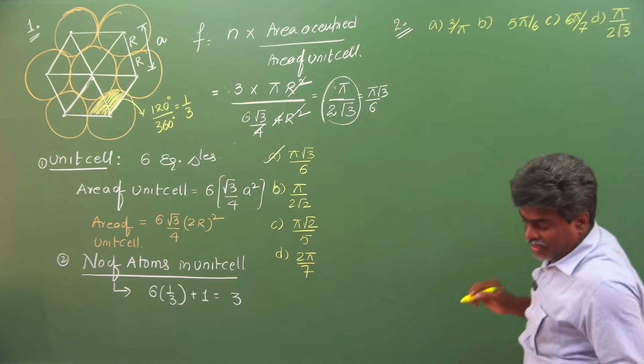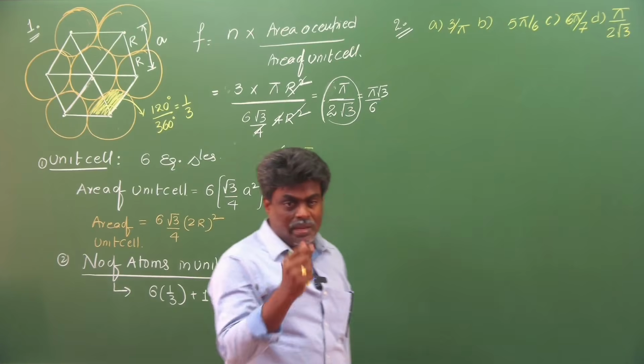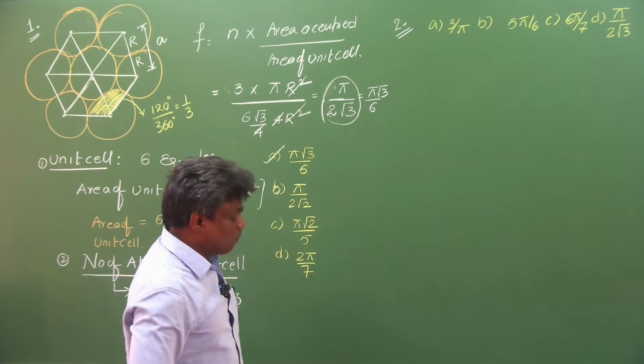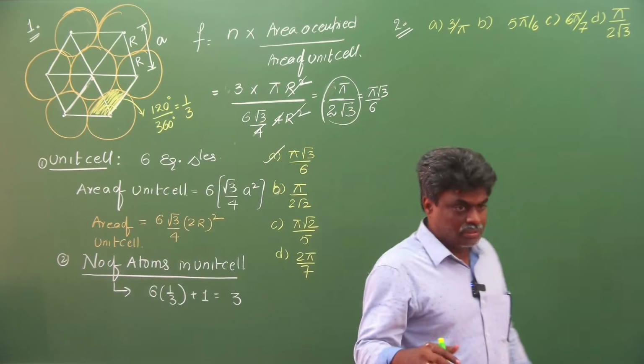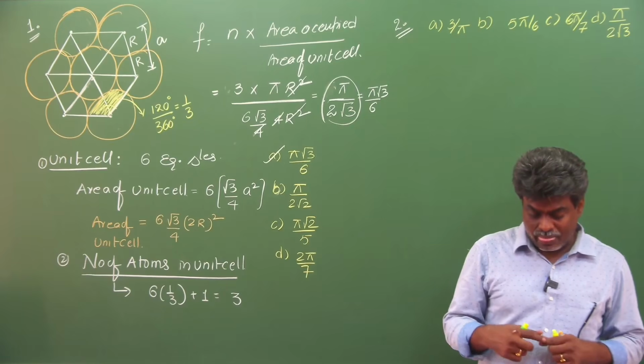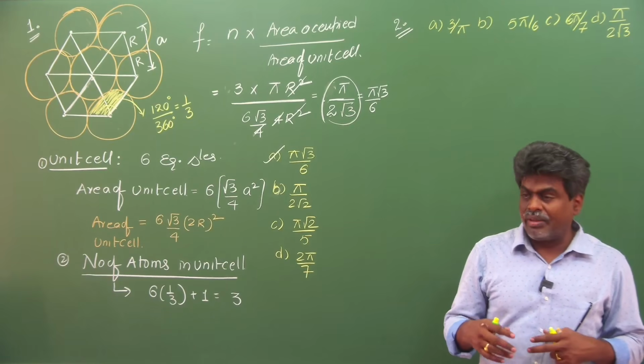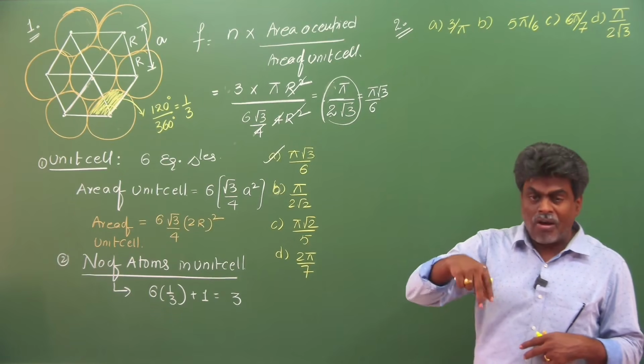They didn't give any diagram. You have to imagine it; by reading the question, you have to get that idea. Once again, please read the question. A flat surface is covered with non-overlapping discs.